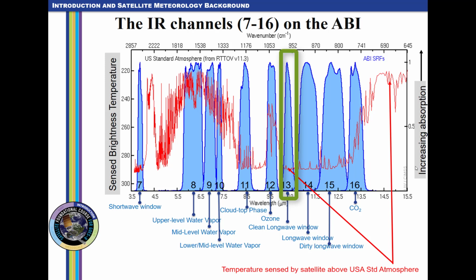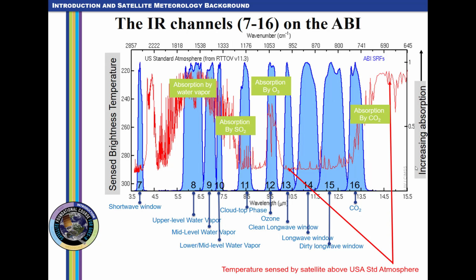The satellite at that wavelength is detecting radiation emitted from the surface that escapes directly to space. In contrast, energy at 6.5 micrometers or at other wavelengths that leaves the surface is absorbed strongly by water vapor in the atmosphere and then re-emitted from a higher, colder region.